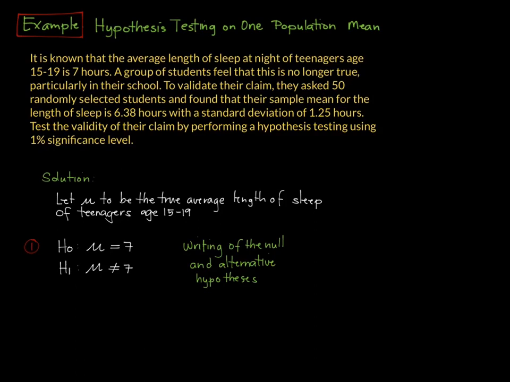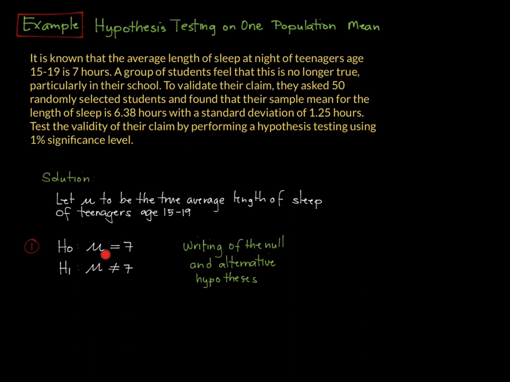First, we have to let mu be the true average length of sleep of teenagers aged 15 to 19. So mu is the symbol that we will use for our population mean. With that, we can proceed with writing our null and alternative hypothesis. Based on the statement, it is known that the average length of sleep is 7 hours.